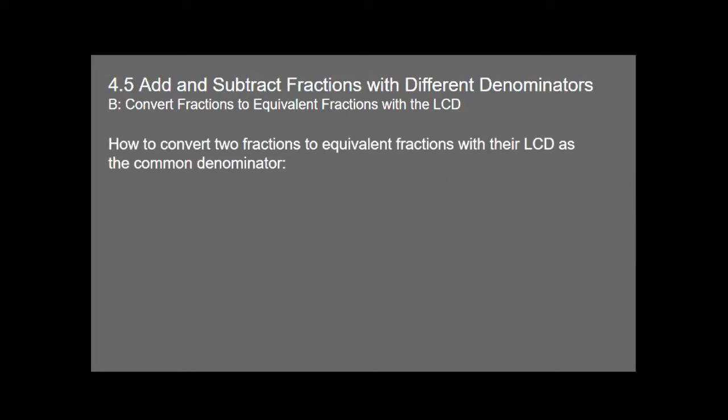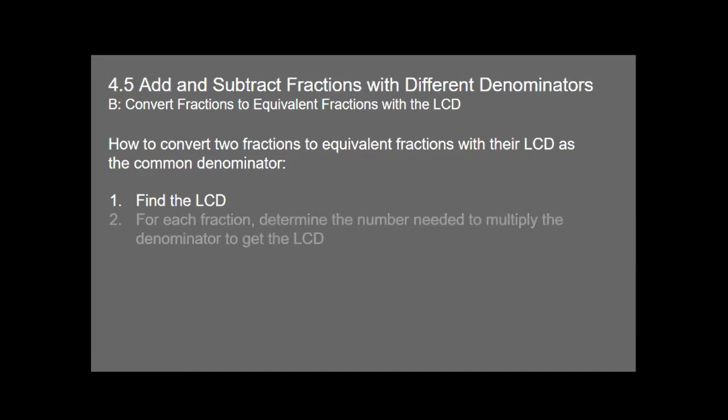So let's put it in list form, how to convert two fractions to equivalent fractions with their LCD as the common denominator. First you have to find the LCD. So at this point you're just concerned with the denominators. You don't care what's on top. You just want to find the least common multiple of the denominators, and that is the least common denominator.